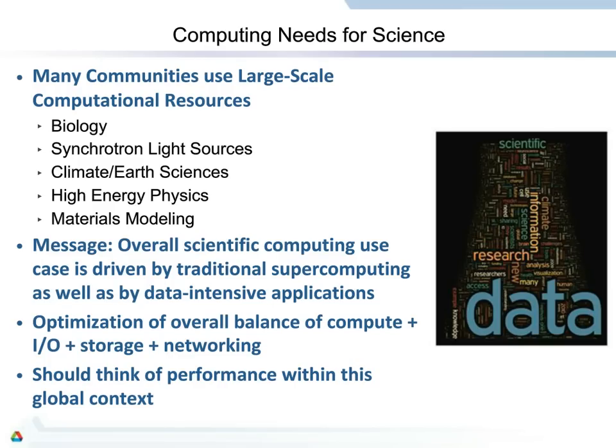You should take a step back and say, what's the global context in which this particular piece of computing fits? And only then should you start thinking about how to optimize it, because maybe the right answer is not to optimize the chunk of code, but to actually change its place within the ecosystem of computing.